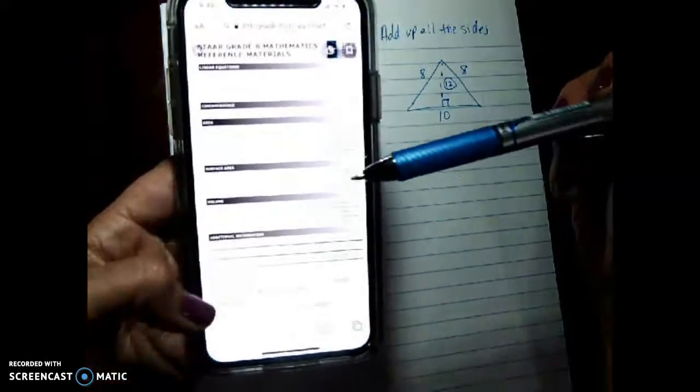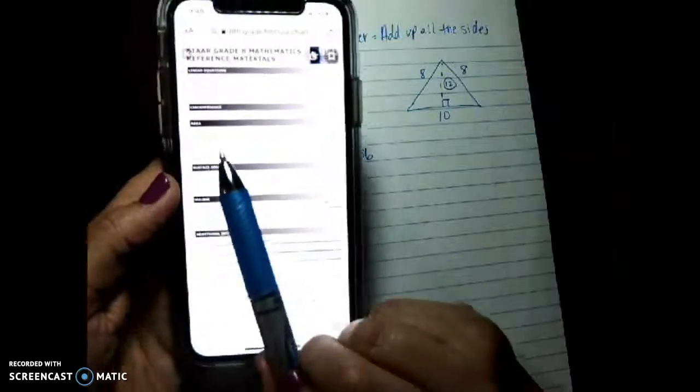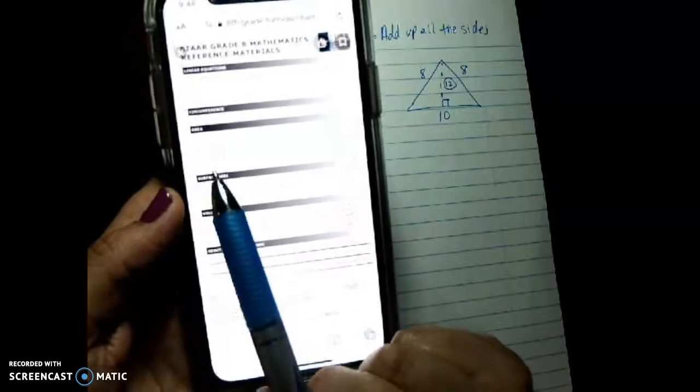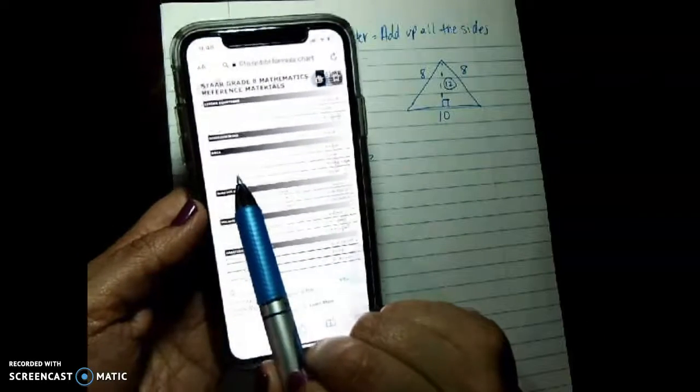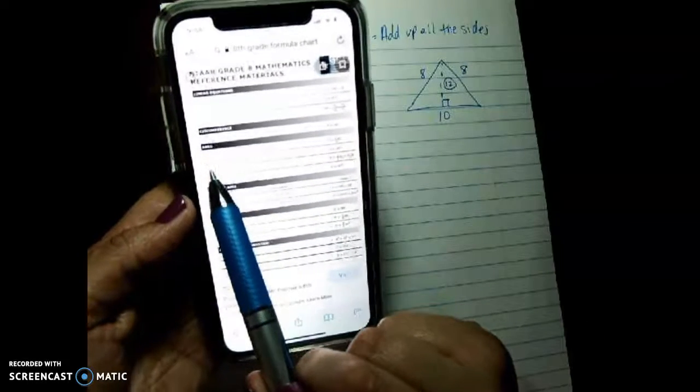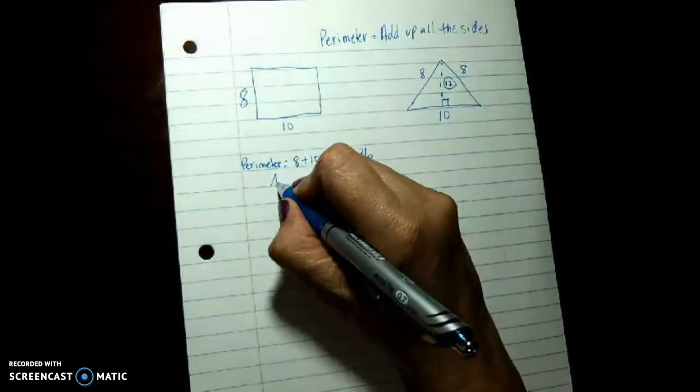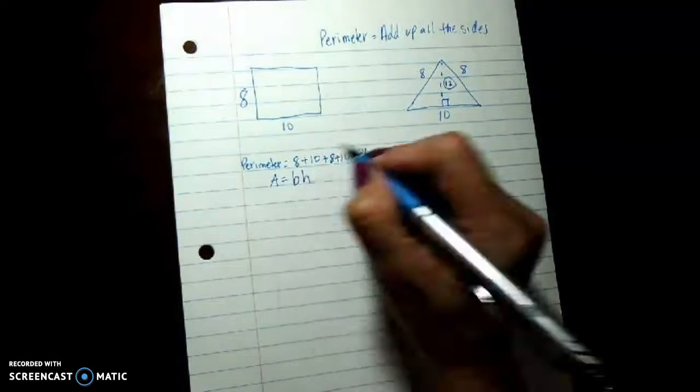Okay, so for the area of a rectangle, here's the area section. We are going to look at rectangle right there, and it says A equals BH. So I would write the formula, A equals BH.